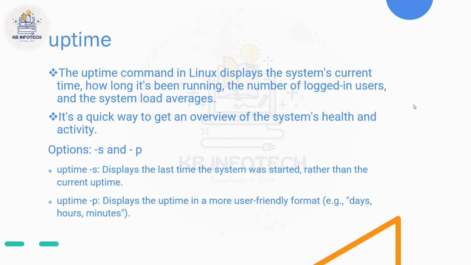And we have another option -p, which displays the uptime in a more user friendly way, right? For example, it will display the uptime in number of days, number of hours, and number of minutes. Let's log into the shell and see by running this command how the output will show.